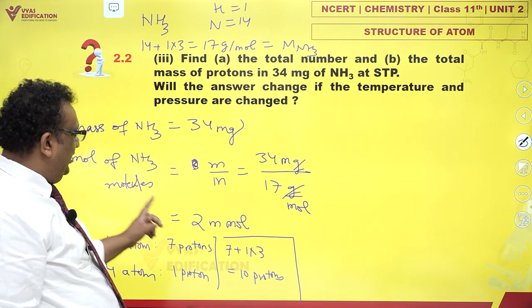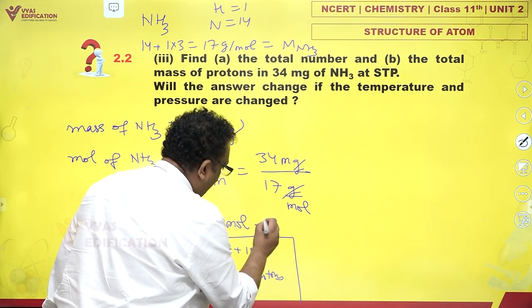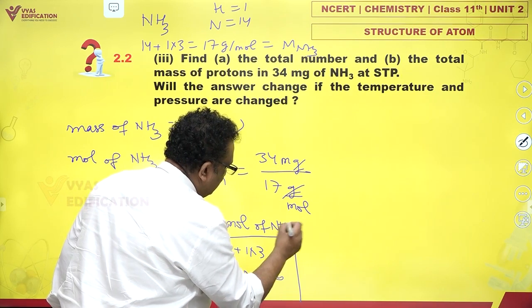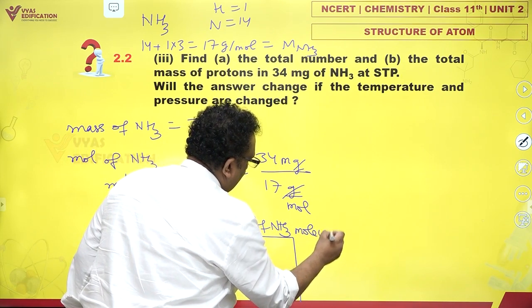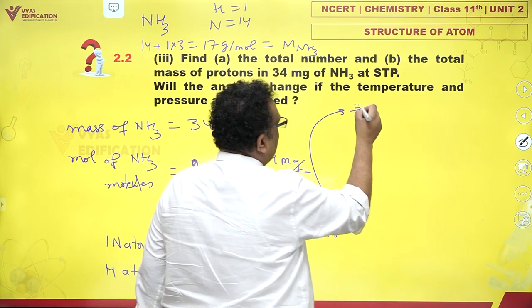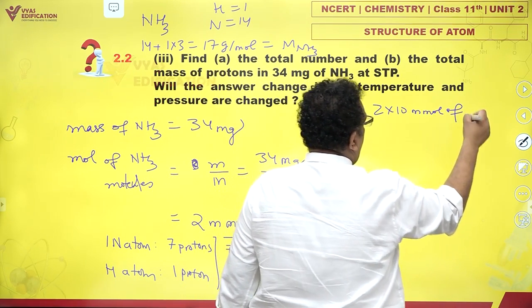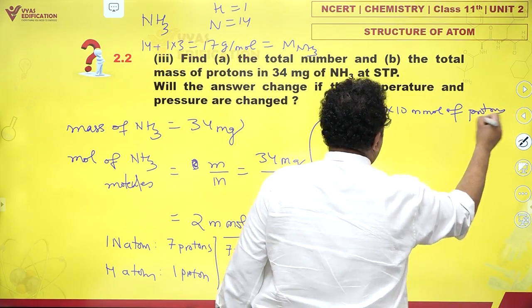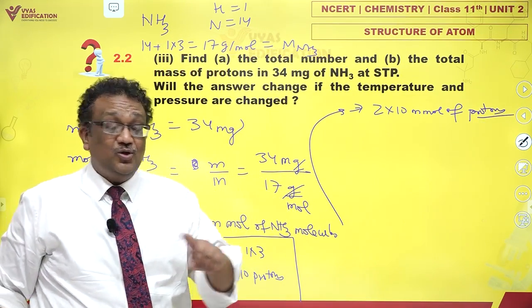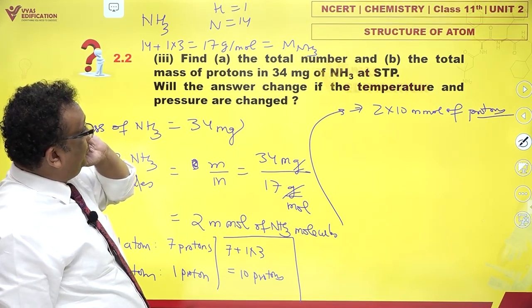So I have 2 millimoles of NH3 molecules, and this implies 2 into 10 millimoles of protons. So I have 20 millimoles of protons present in ammonia.